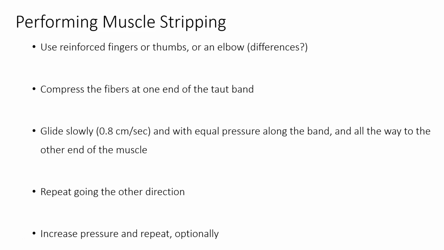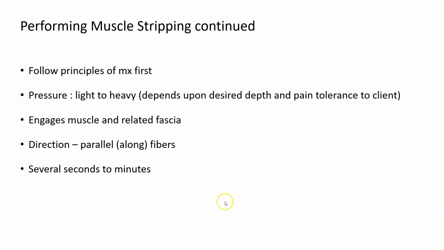So you move through, and if you find that the resistance disappears, if you find also the patient doesn't feel any discomfort with it, but you still feel some tautness in that muscle, then you're going to go a little bit firmer with the pressure and repeat. That is optional because you may not find the taut band decreasing, but you will still over time reduce that tautness.